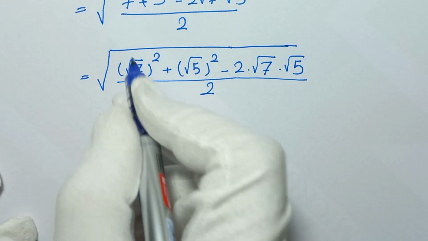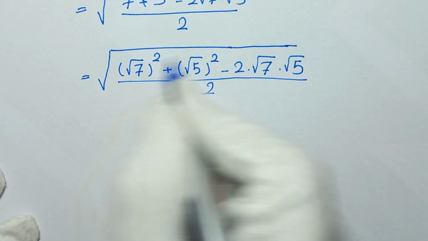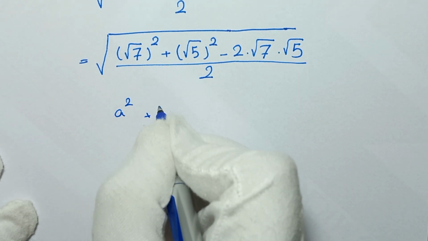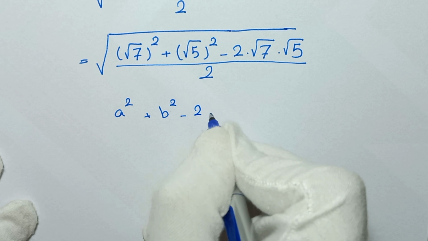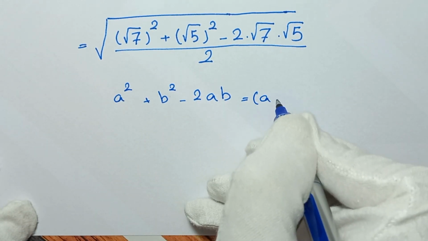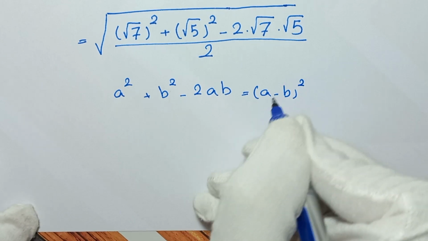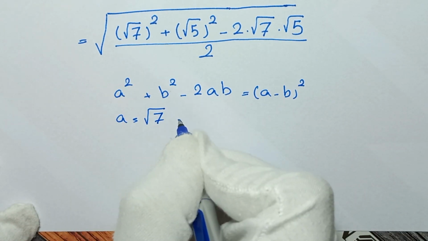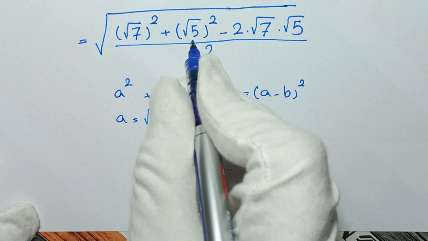And if you look at this numerator carefully, this is in the form of a square plus b square minus 2ab, and it will be a minus b to the power of 2, right? Which is a is square root of 7 and b is square root of 5.